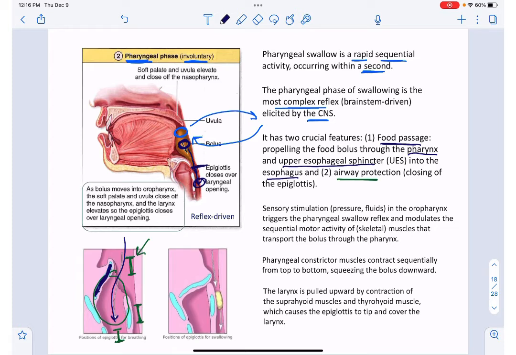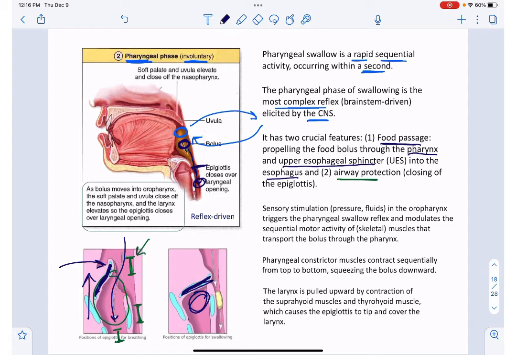So what happens during the pharyngeal phase of swallowing is this larynx elevates, and when it does that, the tongue pushes back and it tips down the epiglottis. So the epiglottis seals off the larynx.